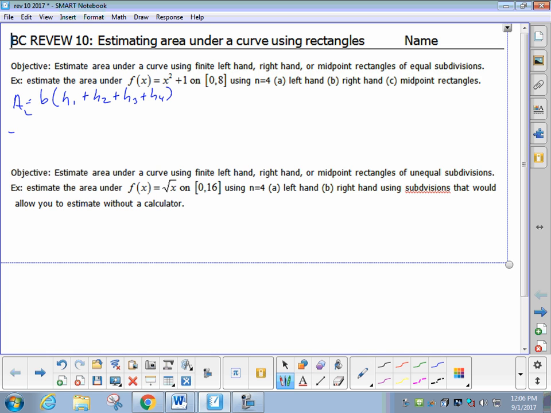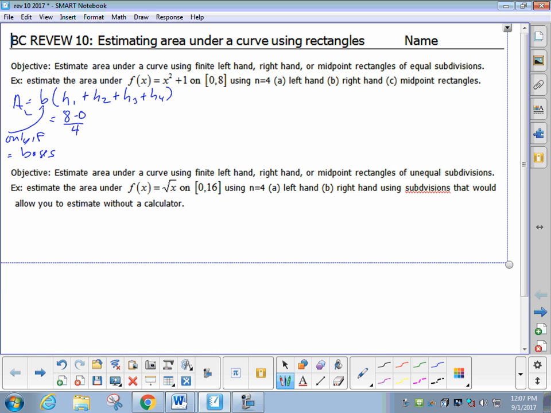This factored out base is only if they are equal bases. Obviously, if the bases are not equal, which will happen a lot in AP problems, then that's not done. In this case, what is the base? 2. How'd you get that? 8 divided by 4 equals 2.